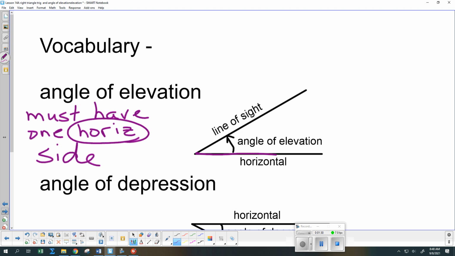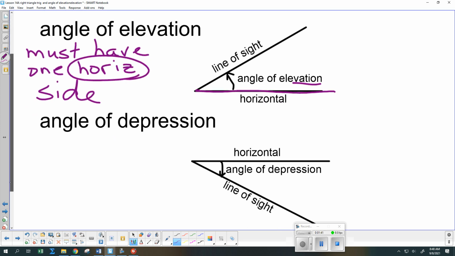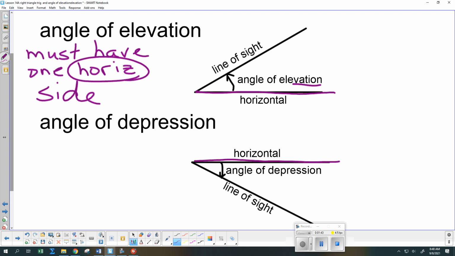So here is a horizontal side. If I am looking up to something else, then it is an angle of elevation. If I have my one horizontal side, and from there I look down, then it is an angle of depression.